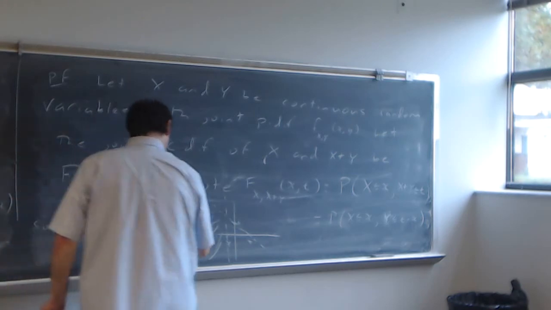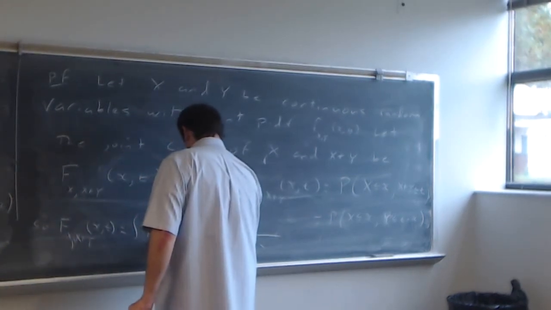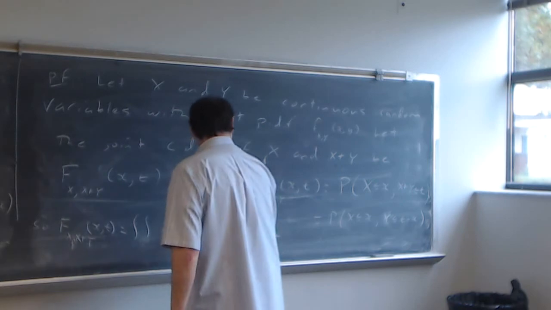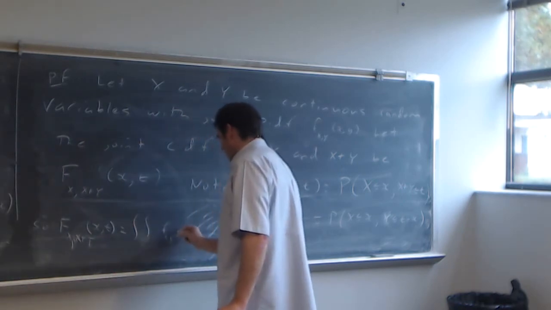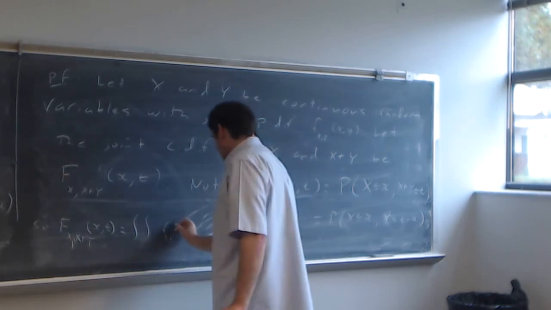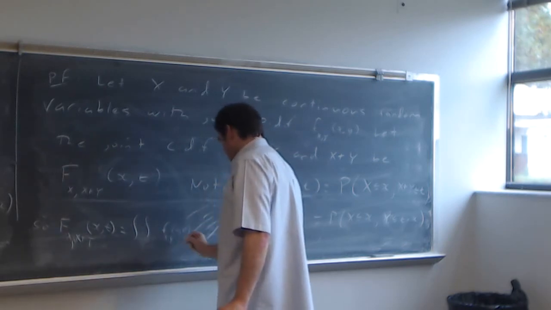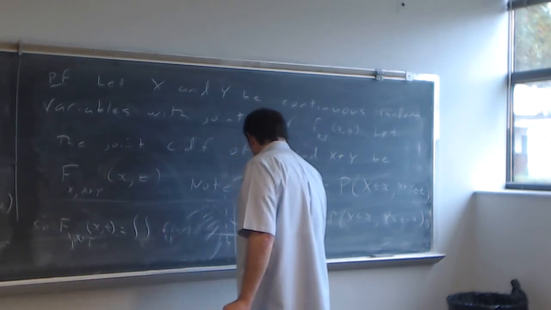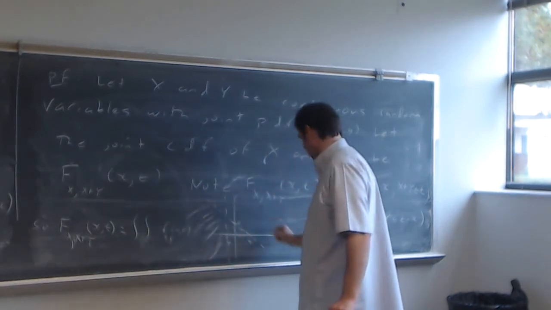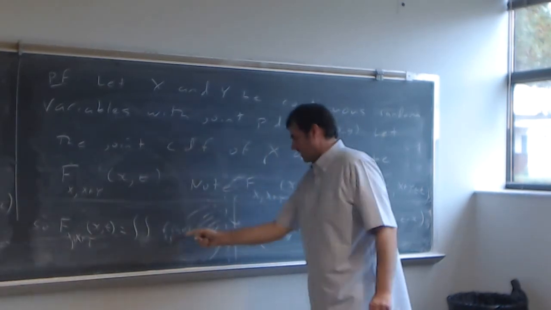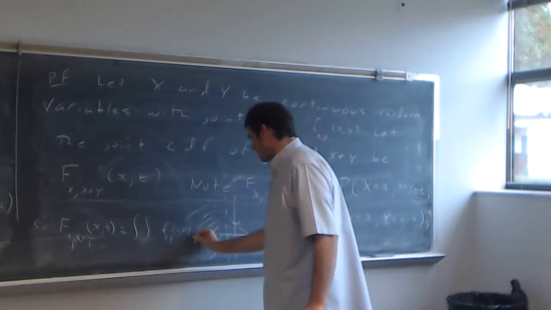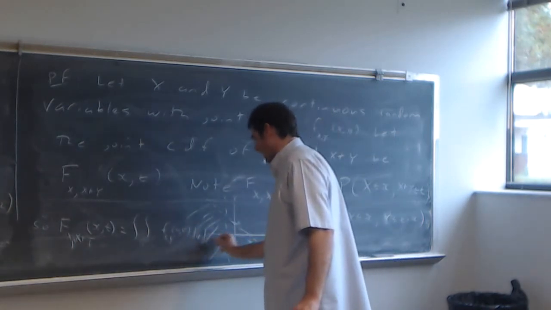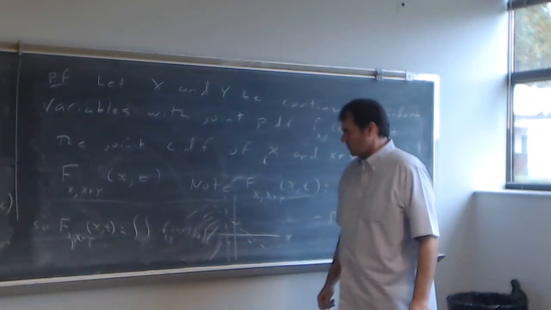I'm going to write f of u, v instead of little x, little y. Here I'm thinking of this as u and this as v, even though this is x and y. When I write u, u is representing the horizontal axis, and we would integrate with respect to du dv over the shaded region.